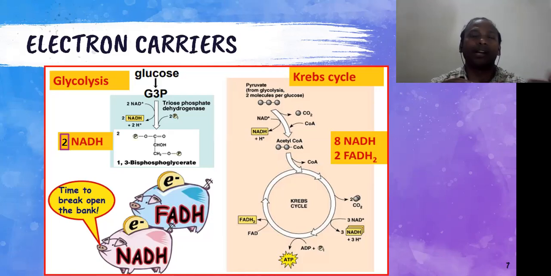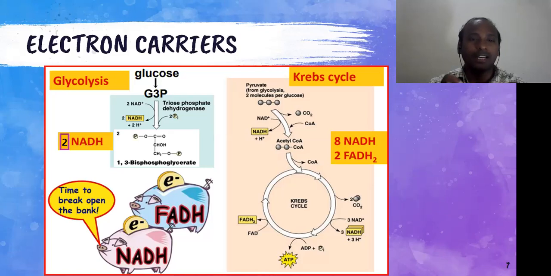If you see glycolysis and the Krebs cycle, in these two pathways we exclusively find two electron carriers. One is NADH and the second is FADH2. These are the electron carriers which take electrons from these various pathways, from the various substrates, and they are reduced and converted into NADH and FADH2.